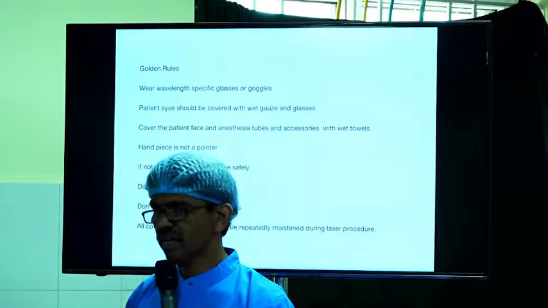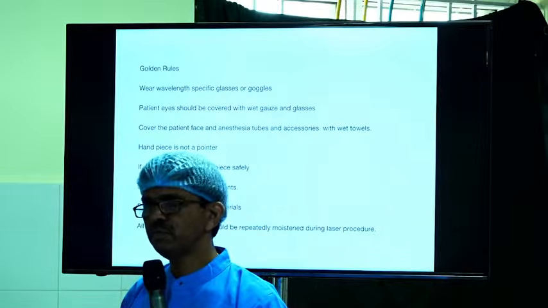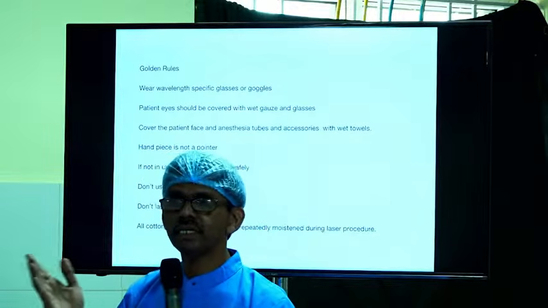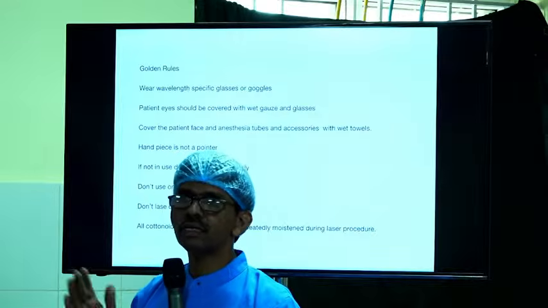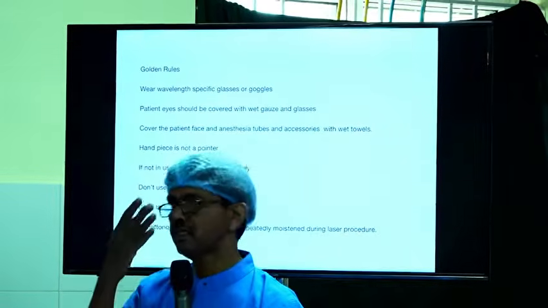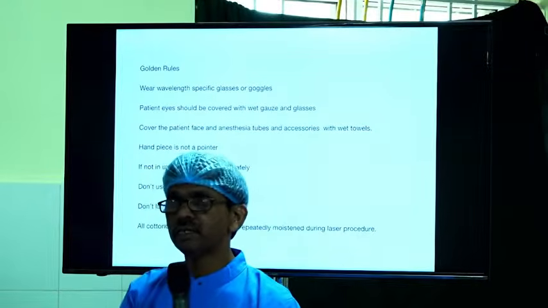Lastly, the golden rules for all laryngeal laser surgeries. Wear wavelength specific goggles or glasses, and for the patient, the eyes should be covered with the glasses provided with the machine itself.